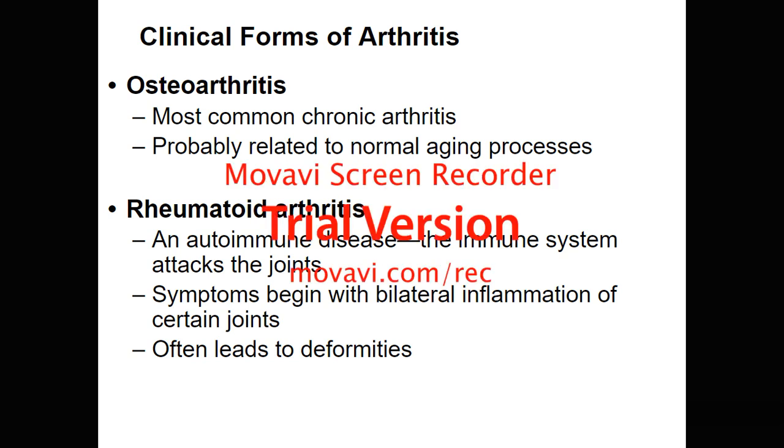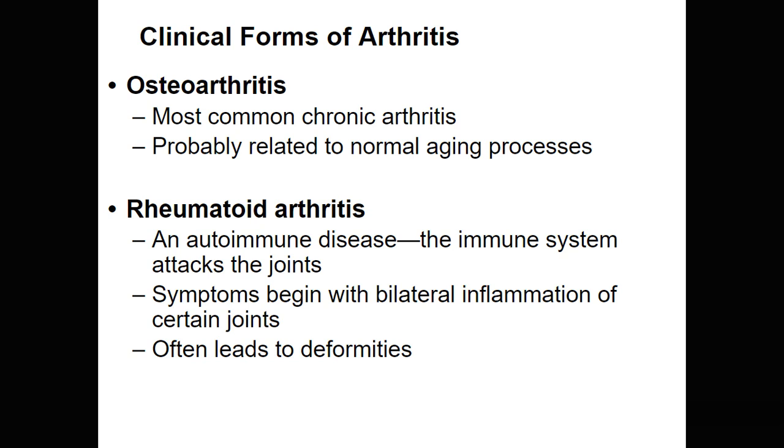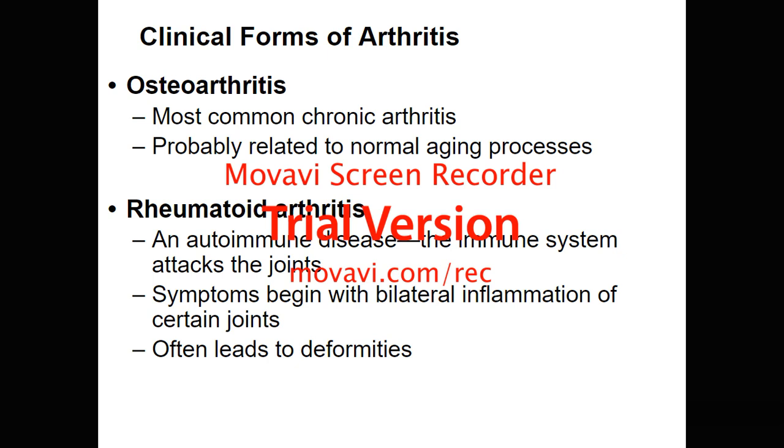Over time, from wear and tear, you end up with more of that hyaline cartilage being worn away than being repaired and deposited. So you can end up with osteoarthritis.